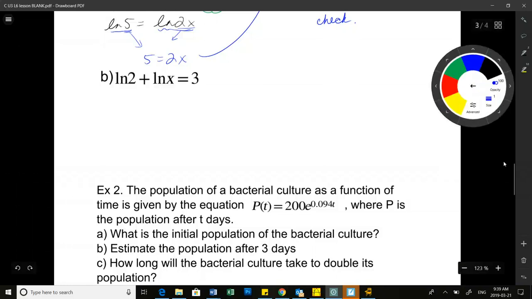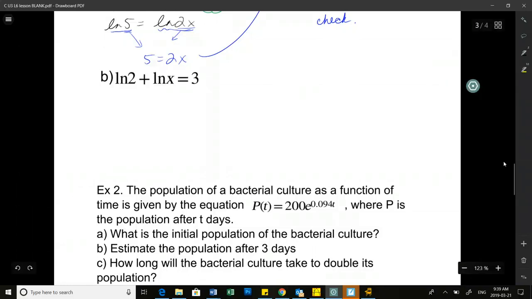Sometimes we can get confused because ln doesn't look like log, but I want you to think about ln as if it's a logarithm. It's just a logarithm with base e, we just write it a little bit differently. So I should be able to use any of my log rules with ln.